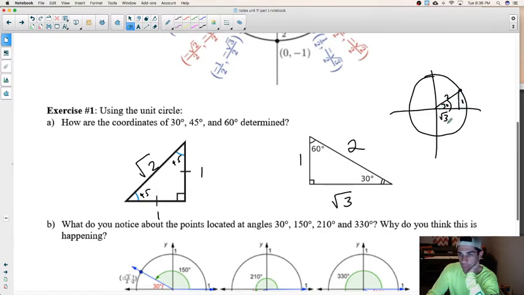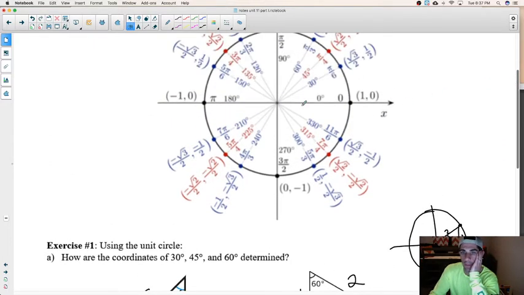So this right here is the x, right? It wants to know, what is this x distance? And x is considered the cosine, right? X is cosine on the unit circle. Cosine is adjacent over hypotenuse. In this case it would be radical 3 over 2. And if I'm right, see right here, that distance there is radical 3 over 2.